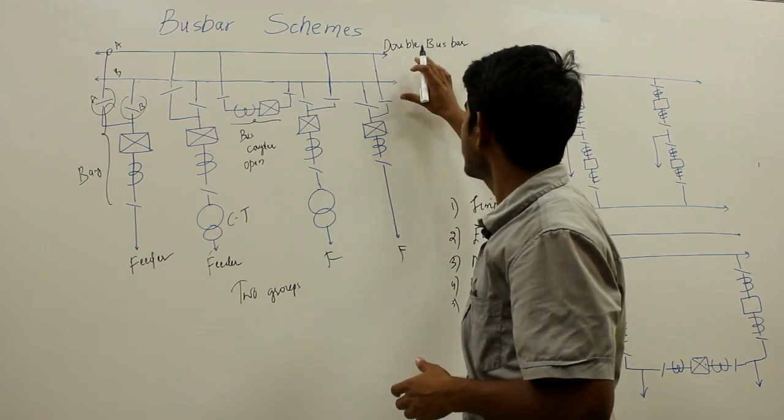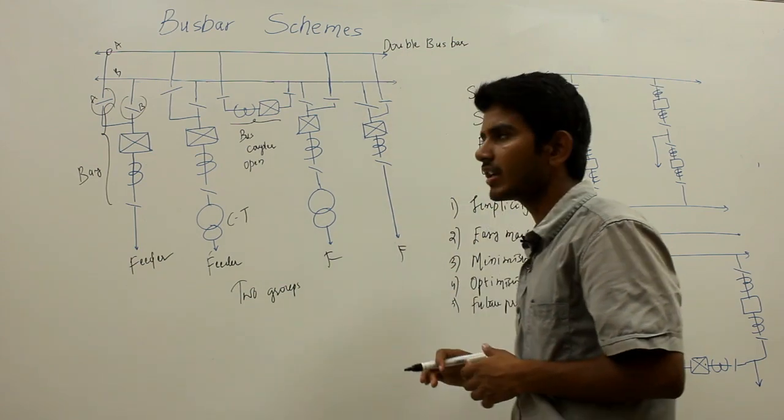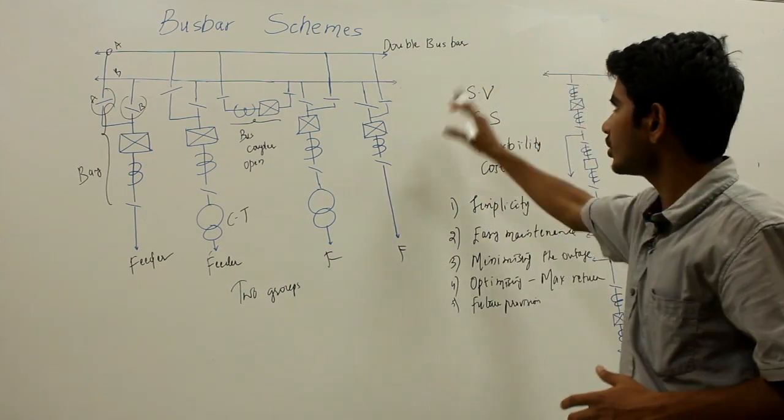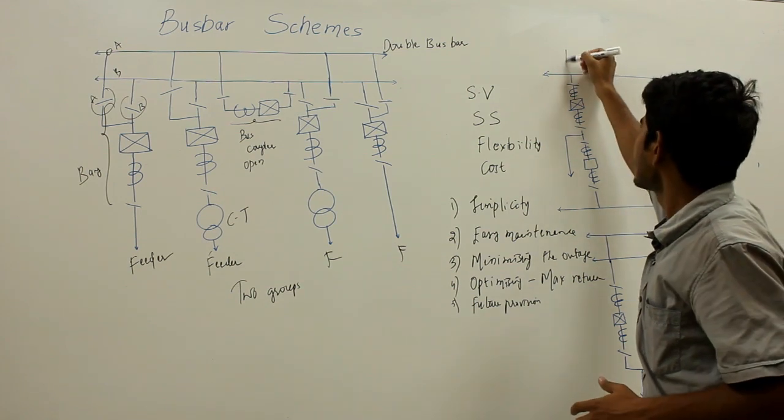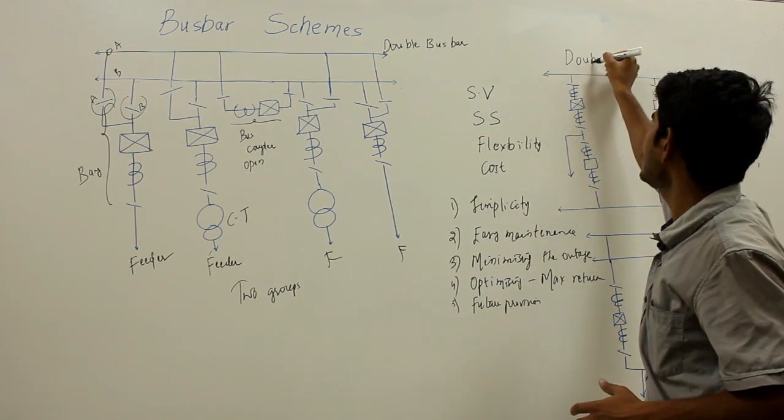So this is your double bus bar scheme where two identical bus bars are used. Now let us proceed to the double breaker bus bar scheme.